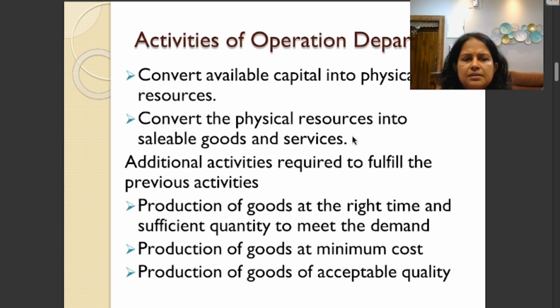We have already discussed that we need to produce at the right time, right quality, and right quantity. The main aim is to minimize the cost and increase the production so that we can generate revenue for the firm.